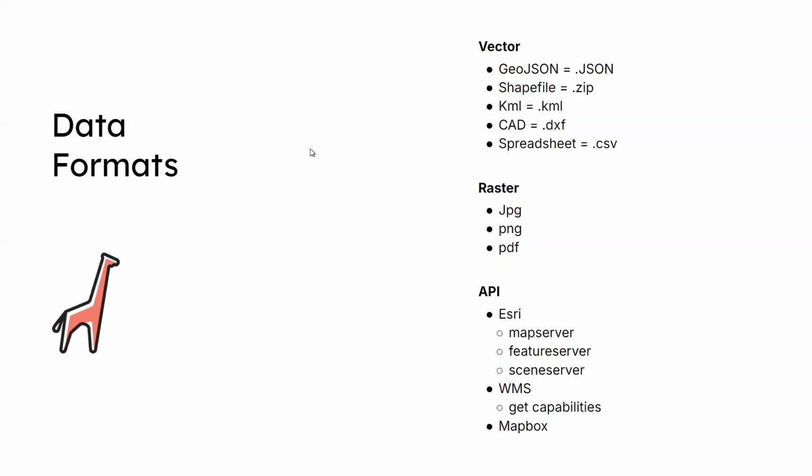So really cool that we can connect into some of the most widely used API data sources for geospatial data. So we connect to Esri map servers, feature servers, scene servers, even image servers occasionally. So if it's like satellite imagery on an image server, those work.